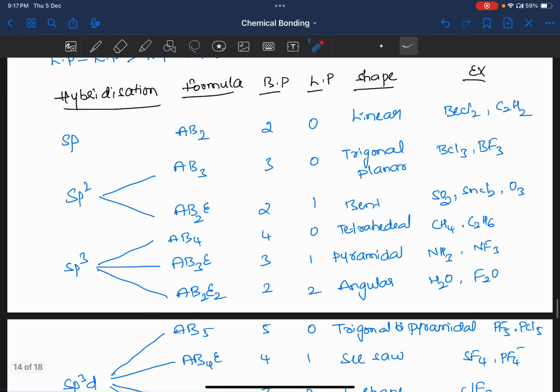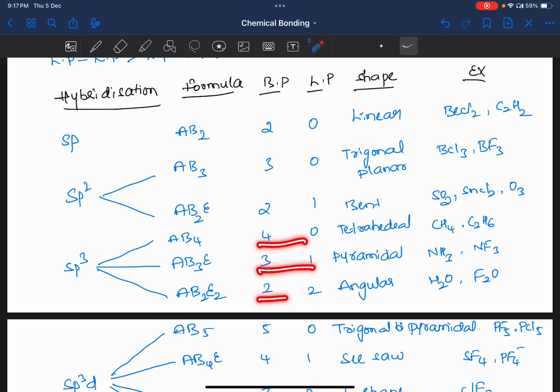And the next three formulas are similar: AB4, AB3E, AB2E2. Here zero lone pairs, one lone pair, and two lone pairs are present. The total number of pairs is 4 plus 0, equal to 4; 3 plus 1, 4; 2 plus 2, 4.